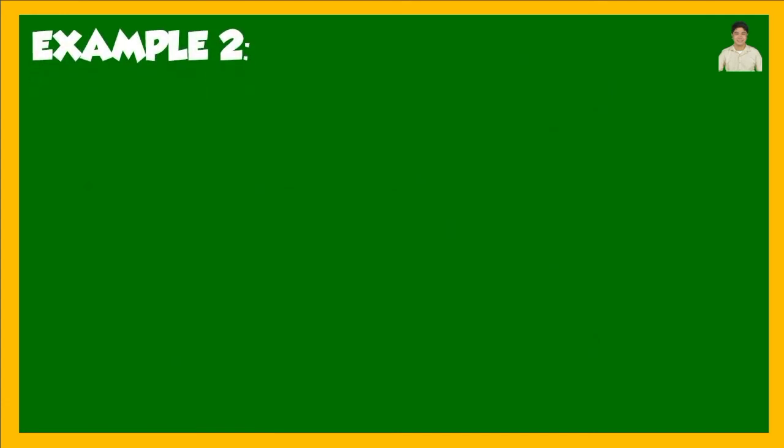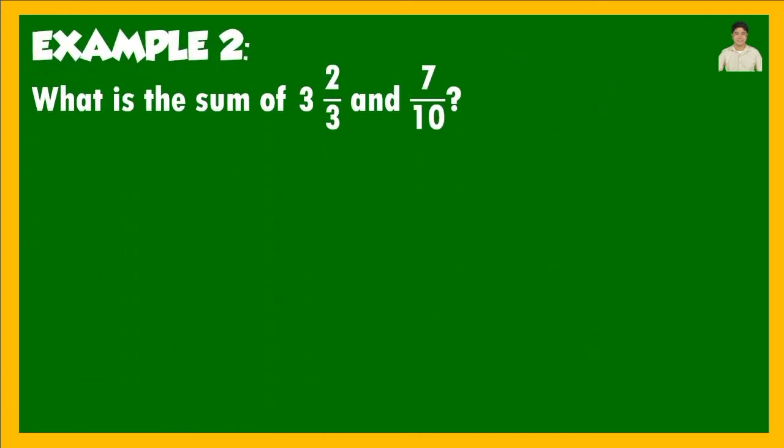Example number 2. What is the sum of 3 and 2/3 and 7/10? Okay. So, dito, isang mixed fraction tsaka isang proper fraction. So, ang gagawin lang po natin dito, kunin muna natin yung LCD para maging similar fractions sila.